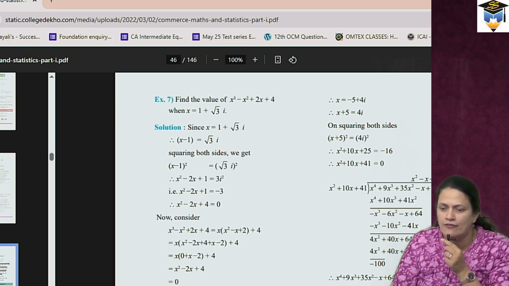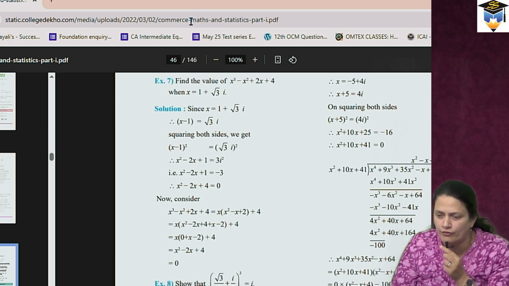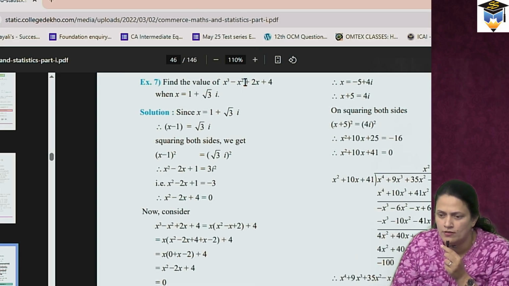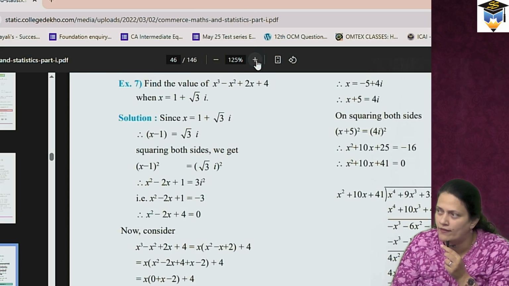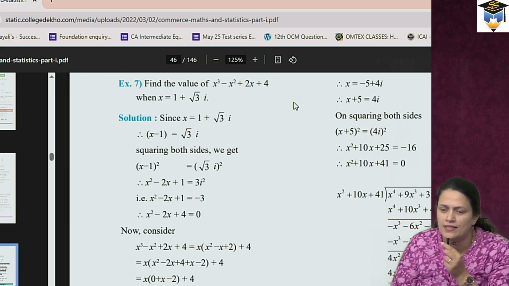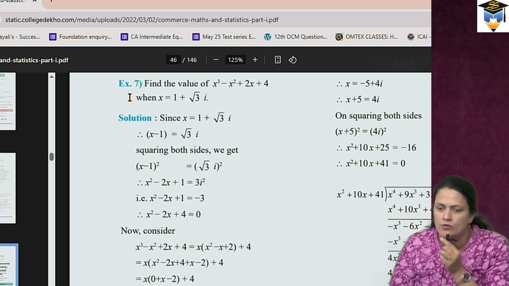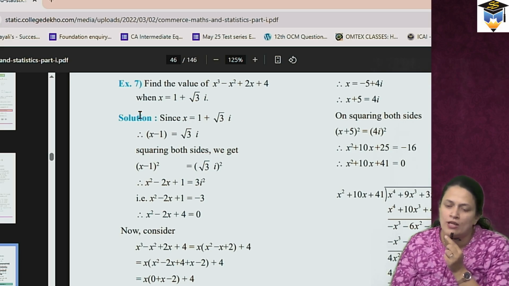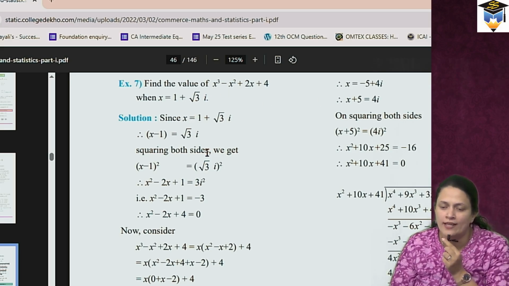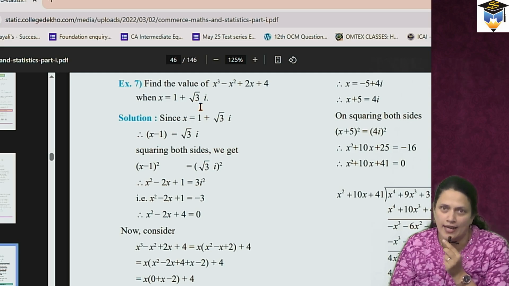In this, they have told us to find out the value of x cube plus x square plus 2x plus 1, and they have given the value of x as 1 plus root 3i. So now, since this value is given to you, all of you please write down the sum. Write down the solution part. So as you can see here, the value of x is given as 1 plus root 3i.